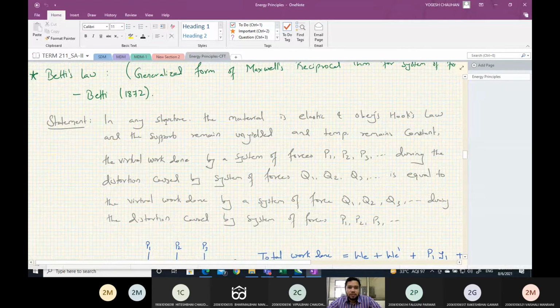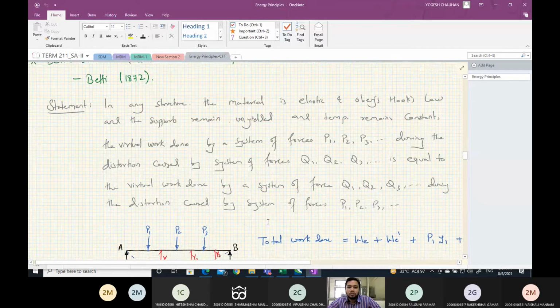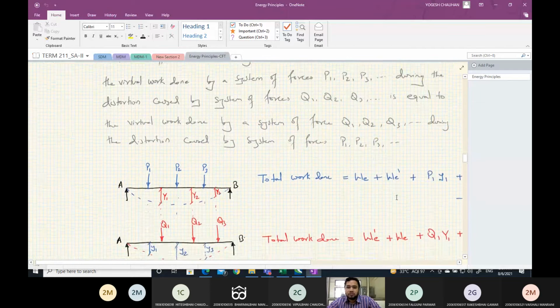The statement is: in any structure where the material is elastic and obeys Hooke's law, and the supports remain unyielded and temperature remains constant, the virtual work done by a system of forces P1, P2, P3 during the distortion caused by the system of forces Q1, Q2, Q3 is equal to the virtual work done by the system of forces Q1, Q2, Q3 during the distortion caused by the system of forces P1, P2, P3.